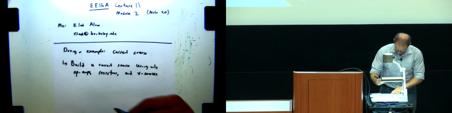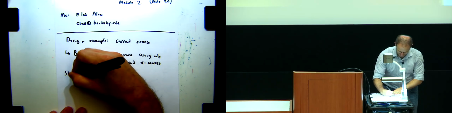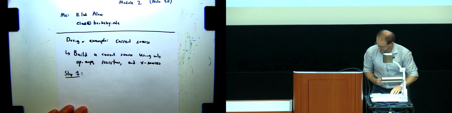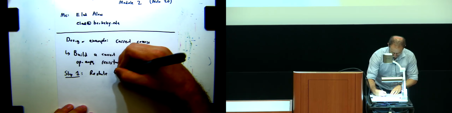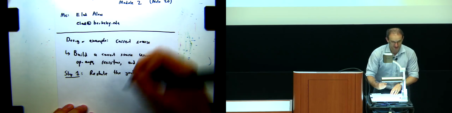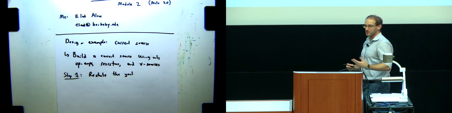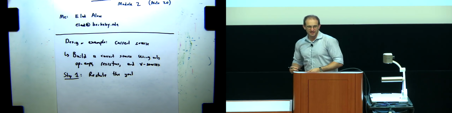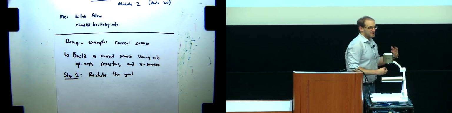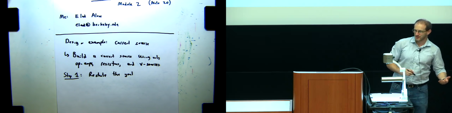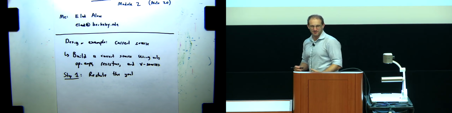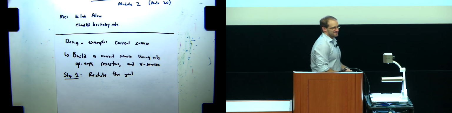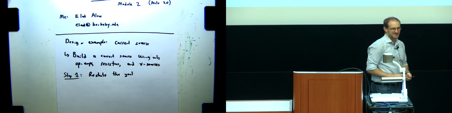Okay, so let's go ahead and actually do step one, which again is restate the goal. The point there is just to make sure that you understand what it is you are really trying to do. So if my goal is to build a current source, from an IV characteristic standpoint, what does that mean? What is the defining behavior of a current source? Yeah.